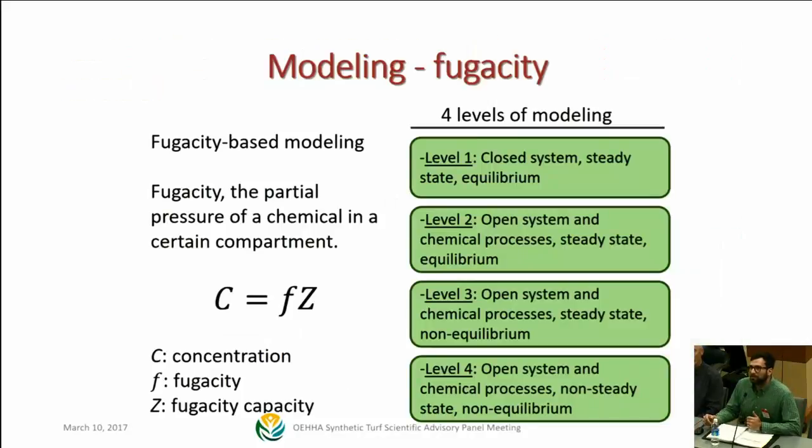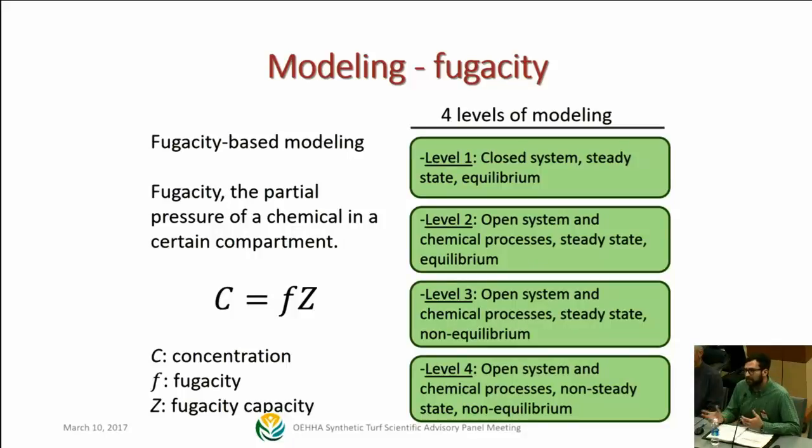Two of the most common approaches are the approach of chemical potential and the approach of fugacity. In our calculations, we used the approach of fugacity as it was introduced by Mackay. So basically, fugacity is the partial pressure of a chemical in a certain compartment, or the tendency of the chemical to leave a certain compartment.